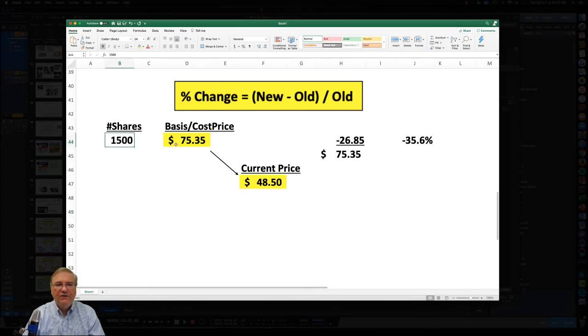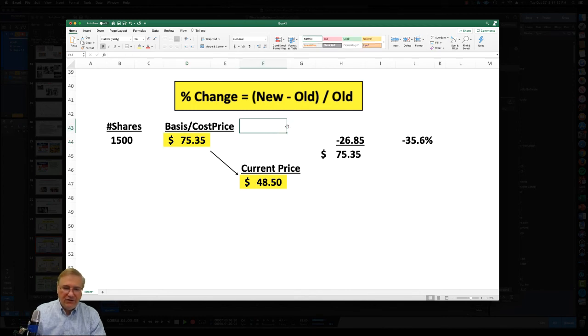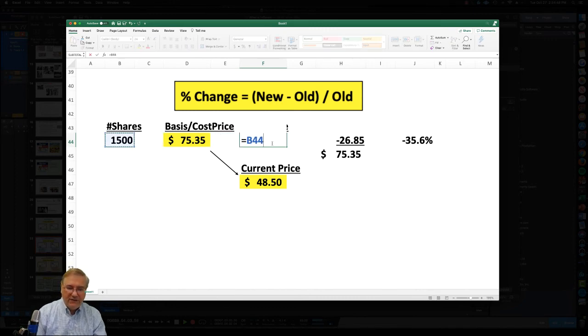So if he purchased 1,500 shares at $75.35, the valuation of that, the original value, is simply equal to 1,500 shares times $75.35 per share. So that's equals 1,500 times, which is asterisk in computers.